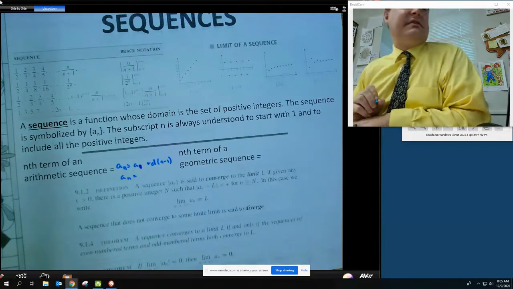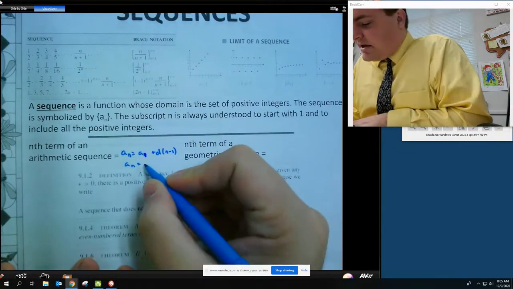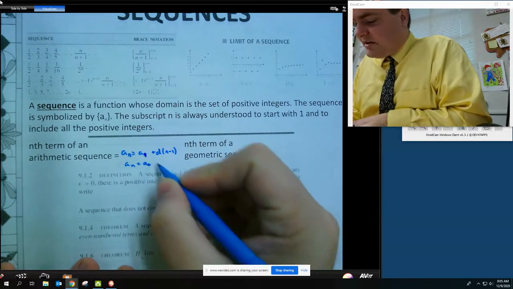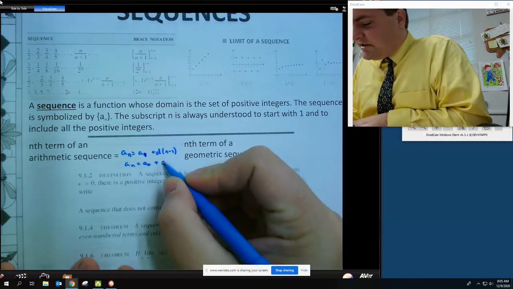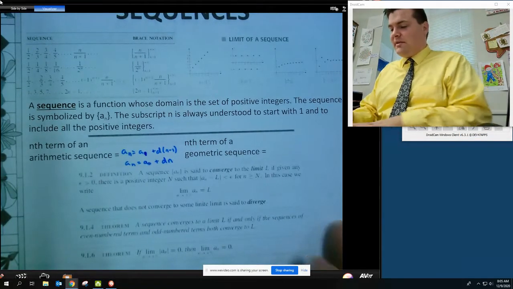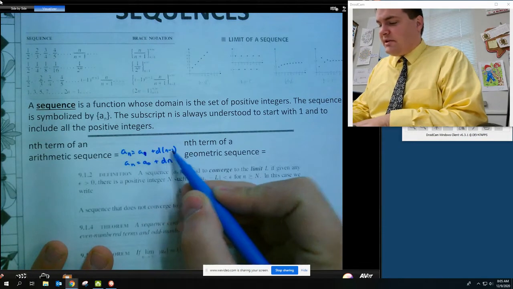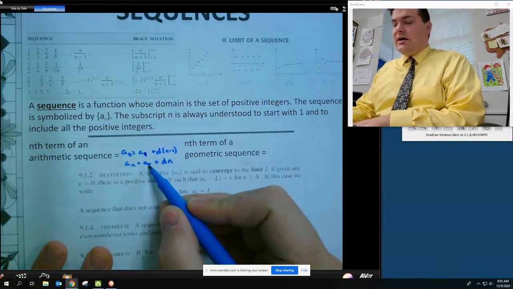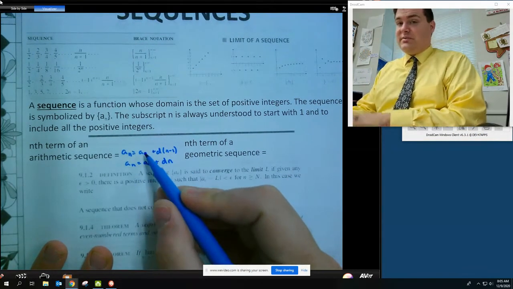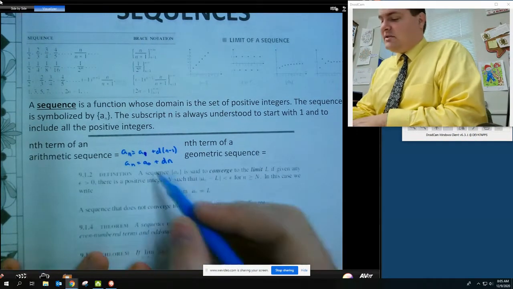I don't know why my notes have a sub 0. So that should be a sub 1, whatever the first term is. Another way I've seen it is the initial term plus d times n. So those are two different ways I've seen it written for an arithmetic sequence: the first term plus the difference times n minus 1, or the initial term, not the first term but the term that would be before that, plus the difference times n.